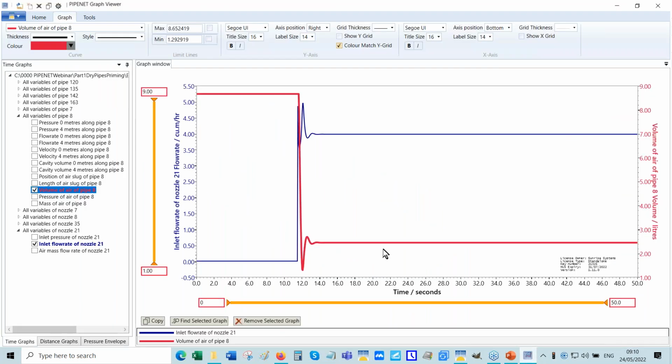It's quite amazing, isn't it? See? It reaches a peak here, what we would expect, reach a peak and then come down to steady state value. Not so, because the cushioning effect on pipe 8 works its way back to nozzle 21 and creates another spike.